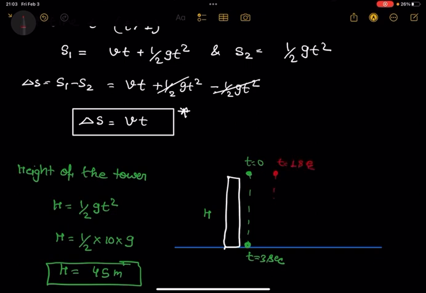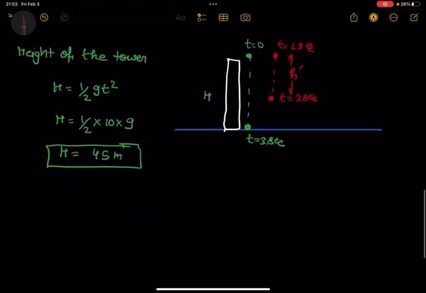So at t equal to 3 seconds the particle is here. This height is covered by stone 2, call it h prime. So the height covered by stone 2 is in a 2 second interval.